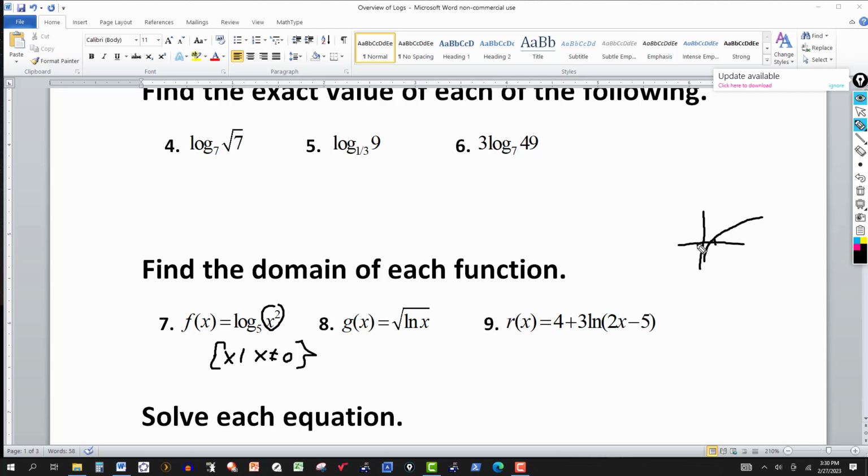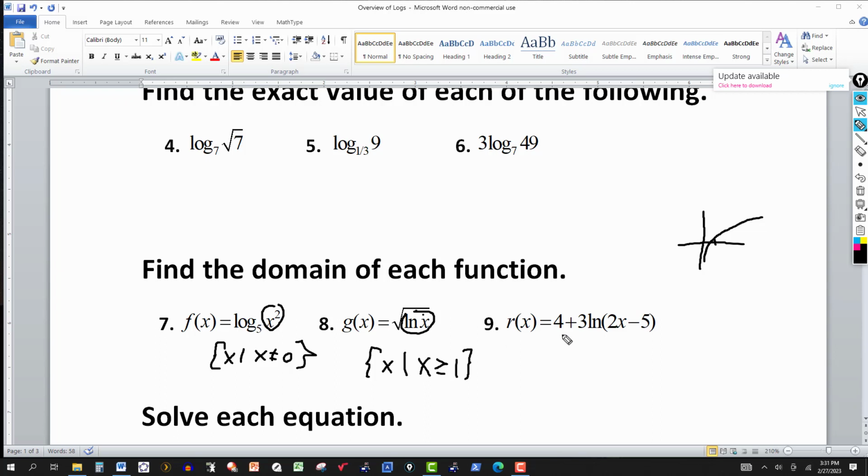But between 0 and 1, the graph is going to be negative. I don't want this to be negative because it's under a radical. That means I take numbers to the right of 1. So for this one, it's a set of all x such that x is greater than or equal to 1.